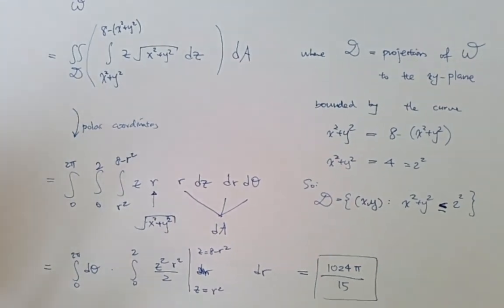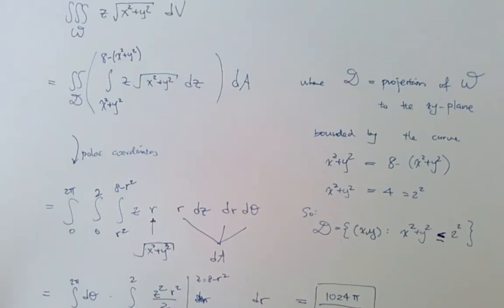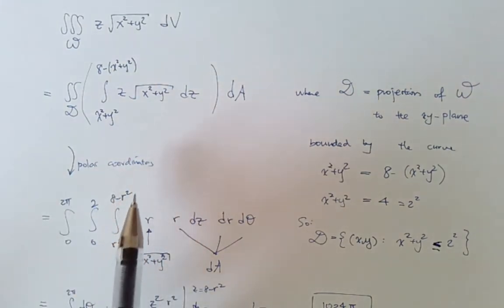So what we did is change the triple integral to a double integral and a single integral. And for the double integral, we use polar coordinates.